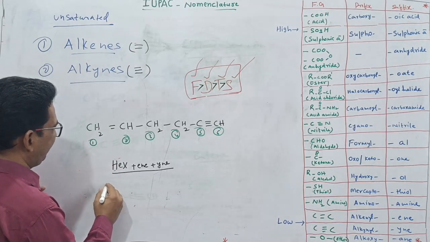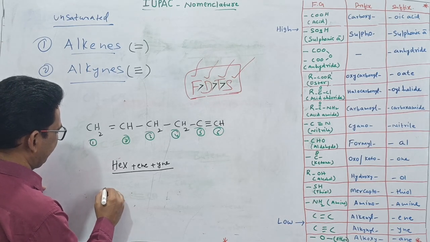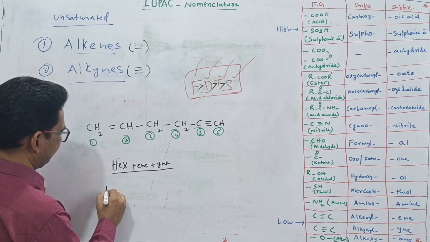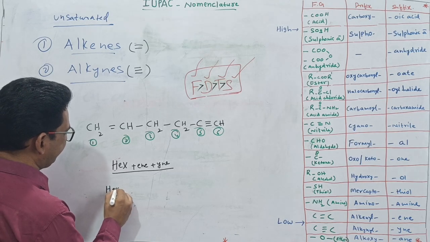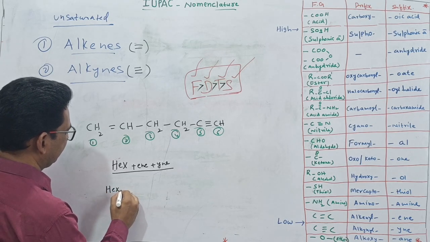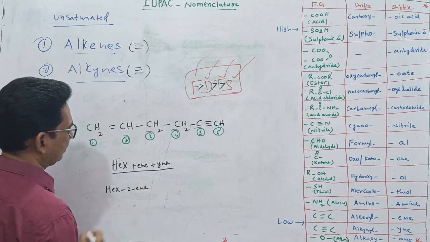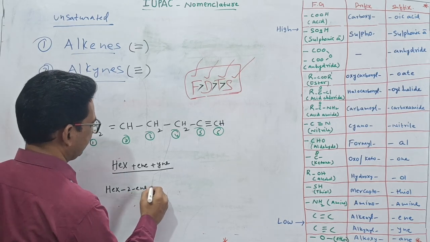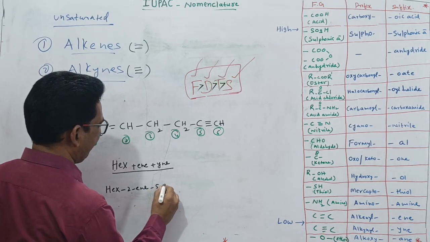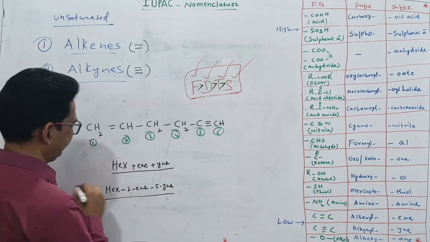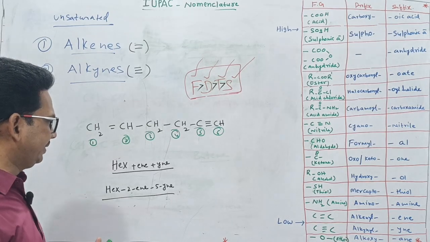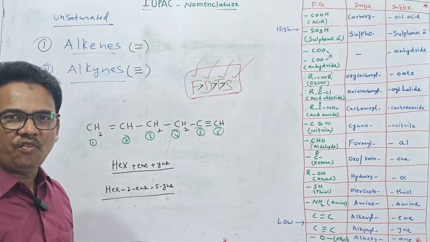Just see, in the case of this, hex 2 in 5 ein. Hex 2 in 5 ein.